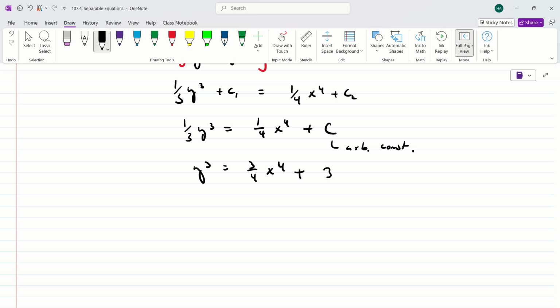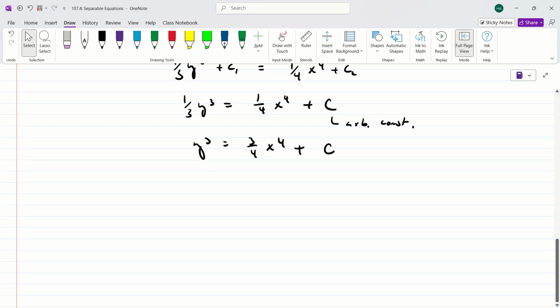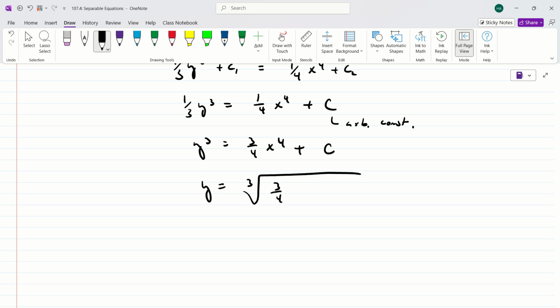A lot of times instead of writing 3c, we recognize that this will give us another arbitrary constant that really doesn't matter at the moment, so oftentimes you just rewrite it as a c. This is called abusing notation, when you rewrite a variable to represent different values. We're almost done. We just need to get rid of that cubed by taking the cube root of both sides, and y would be equal to the cube root of 3/4 x to the 4 plus c.